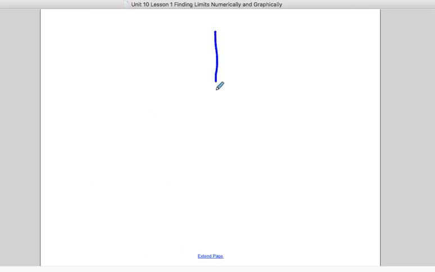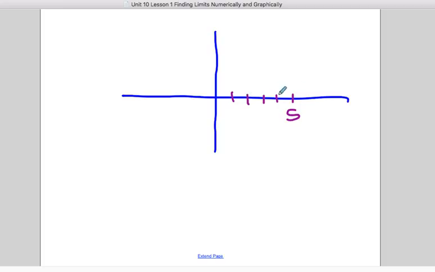One more I want to quickly just sketch for you. Let's say 5. There's an asymptote at 5. And what if I have this curve?